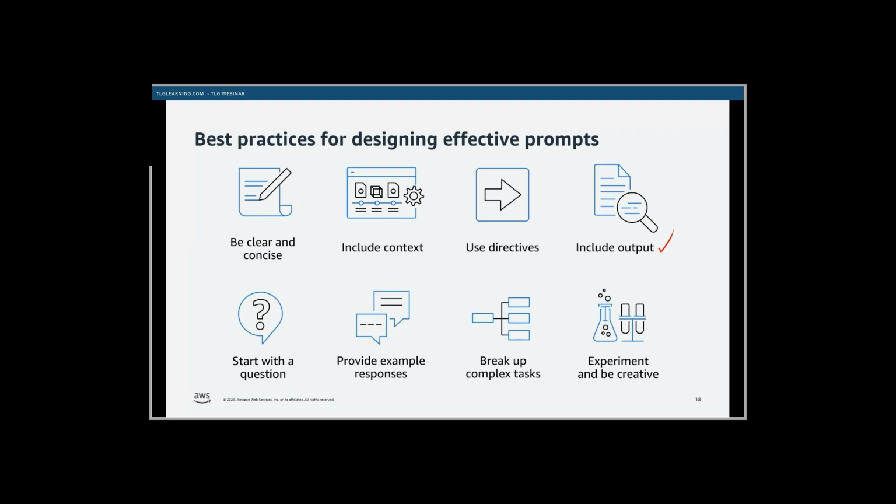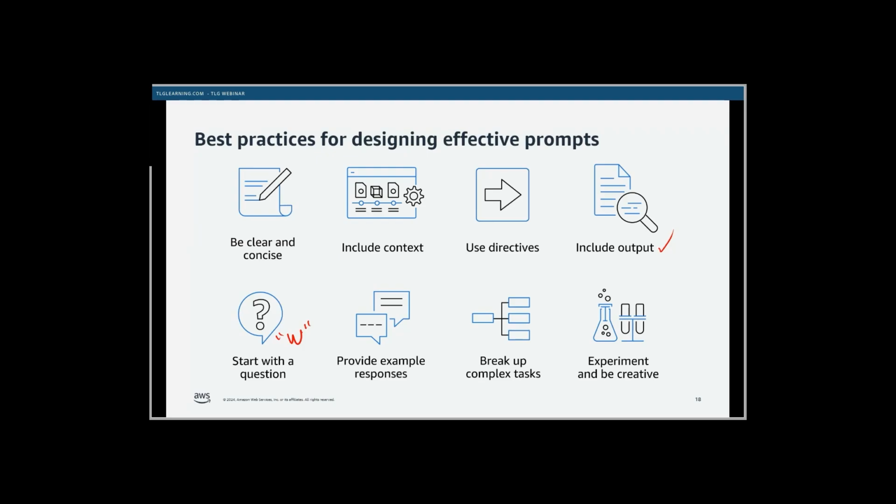Complete your response in a single paragraph would perhaps be another type of output instruction. Start with the questions is another best practice. Primarily, this would be like the W's questions: who, what, where, when, why. We include how in that also.